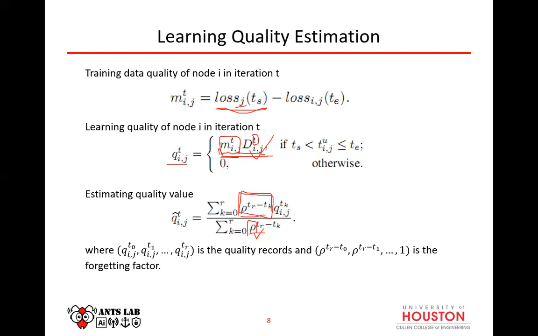So okay, if you use the average, then when you multiply by this D_i, it becomes a summation of the local loss for this node. Because you have the average, it should be the summation of all the data sample losses divided by D_i.